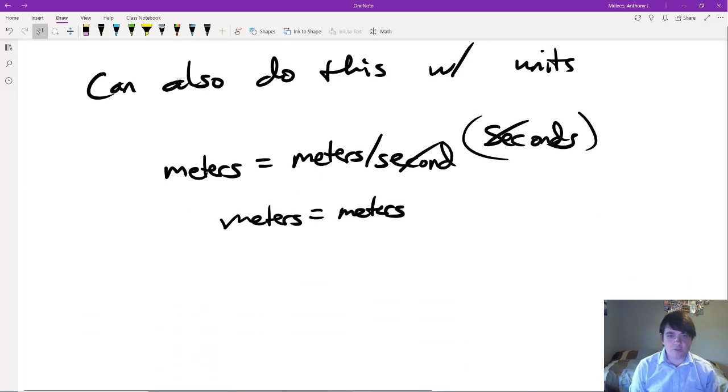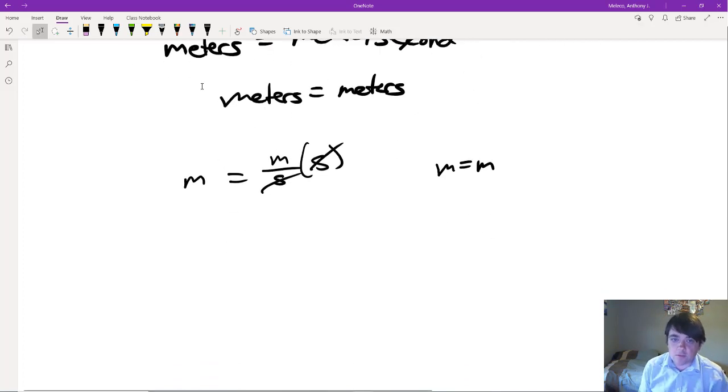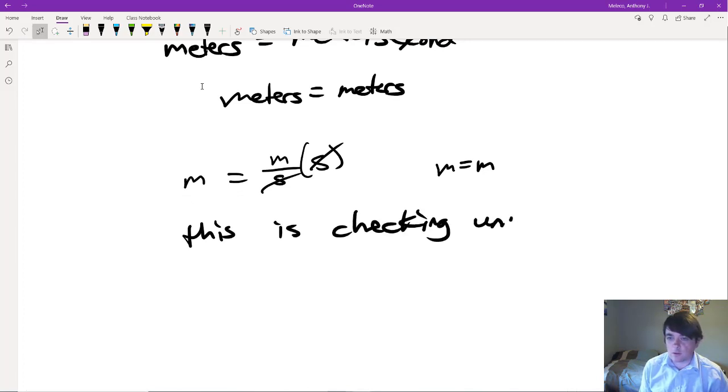And of course, you could also use just the letters that represent them: M for meter, S for second, and the same thing happens. You'll often see me checking units.